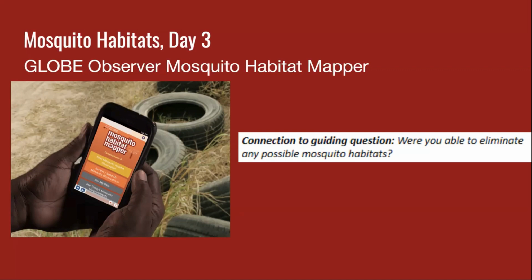Of course, they should only make observations if they can do so safely and legally, and make sure that they only go on property that they're allowed to go on. But this is a great app.